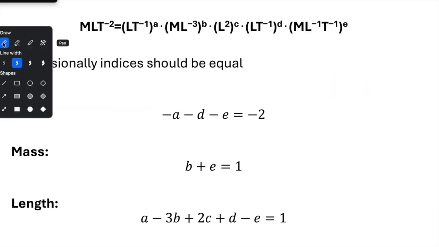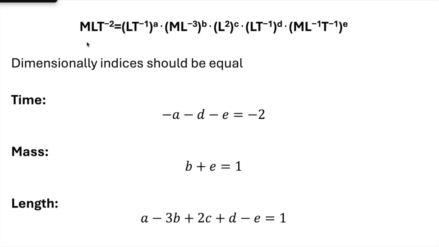So here is the dimensional equation I wrote earlier. And normally we all know that in a dimensional equation the left hand side should be equal to the right hand side, which means dimensionally the indices should be equal. So I will solve the right hand side and I will get the following equations for the basic dimensions: time, mass and length.